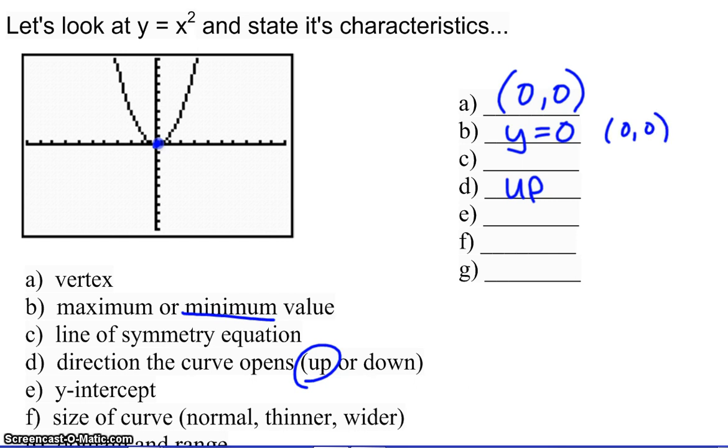The line of symmetry: we can see here that it's symmetric on either side of the y-axis. So this is our line of symmetry. The equation of that line is x equals 0.